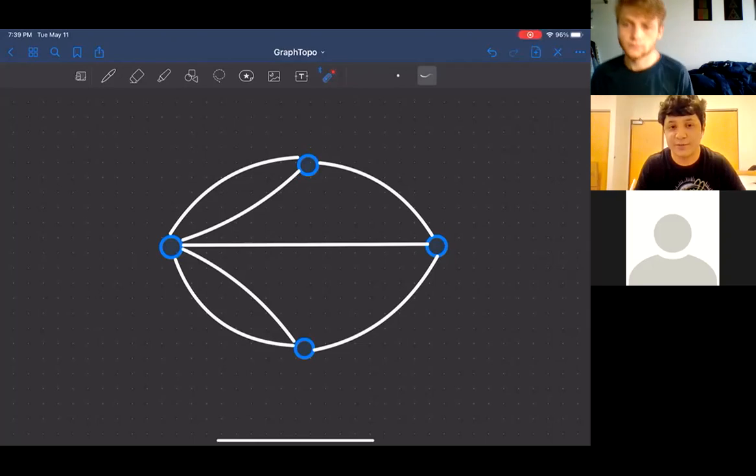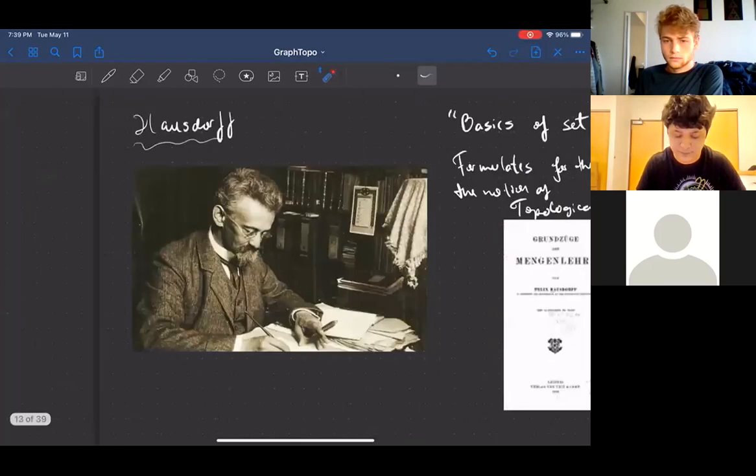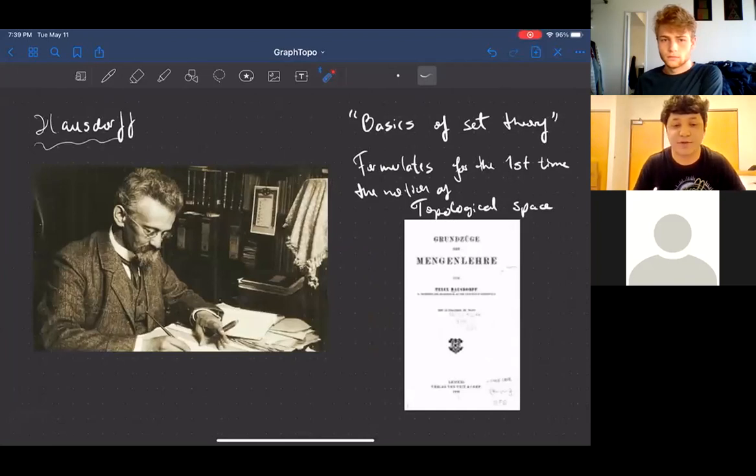Then Poincaré published his work Analysis Situs, where he laid the foundations of algebraic geometry, of algebraic topology, and then it was Hausdorff around the 1900s when he published his book Basics of Set Theory, where he defines formally for the first time what a topological space is, and he develops this theory that was previously called analysis situs. So this is how all of this came to be.